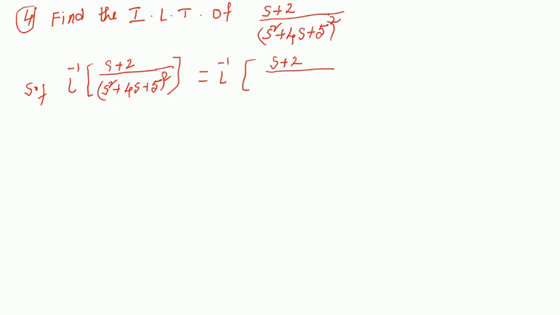If possible we can write this in the form of a plus b whole square formula. First of all s square plus 2 into s into 2, which gives 4s, plus b square, which is 4. So I can write this 5 as 4 plus 1, right? Now I can take this as a single term, and whole square is there.